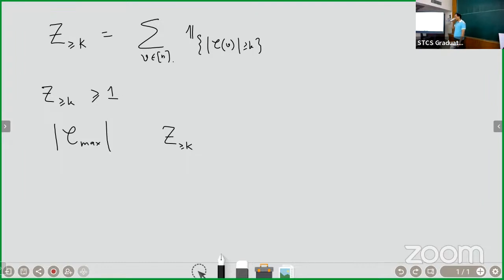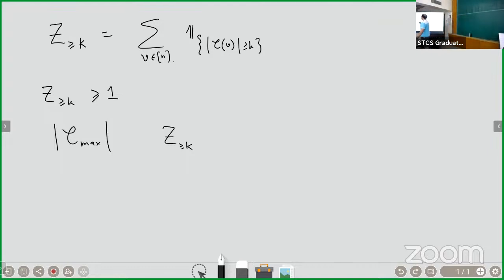We know that Z_k is greater than or equal to C max. No, I'm asking you exactly that. What relationship holds between the two quantities? Let's not say what we know. Let's just make it explicit. Is it greater than or equal to, less than or equal to, what? Greater than or equal to.